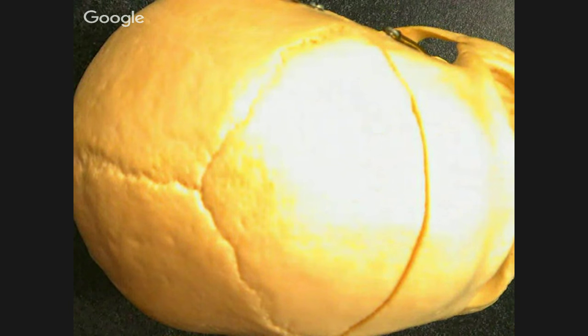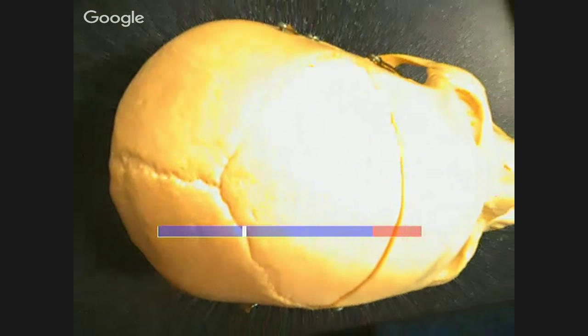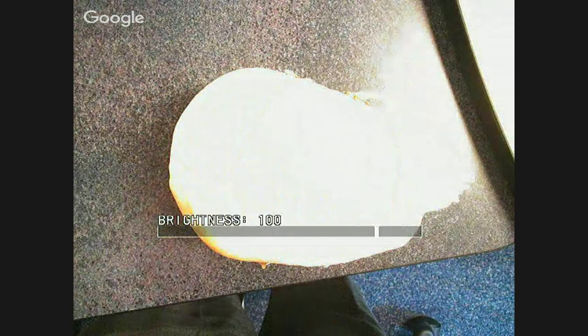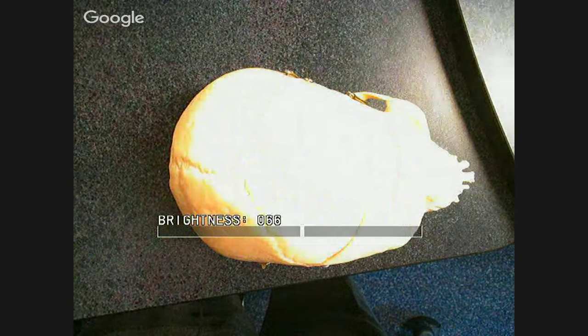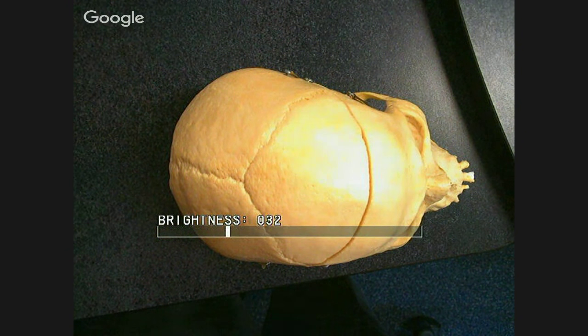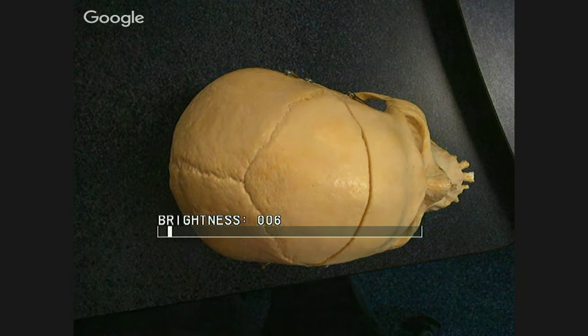So that way when I move my hand this way, it moves that way. Okay, so I've got the skull here underneath the camera. I'm gonna zoom out a little bit. Can you see the skull now?